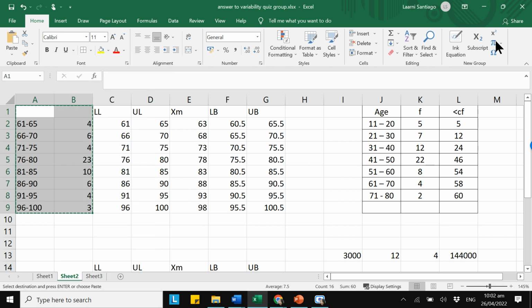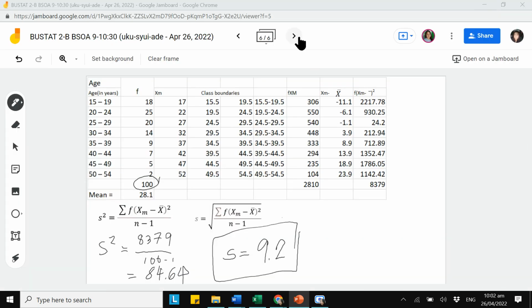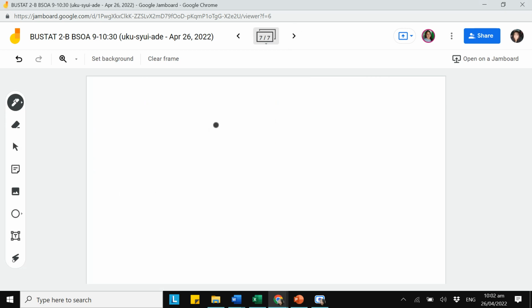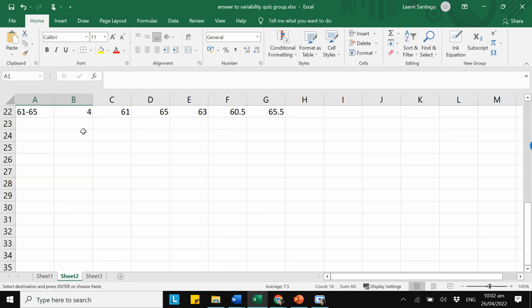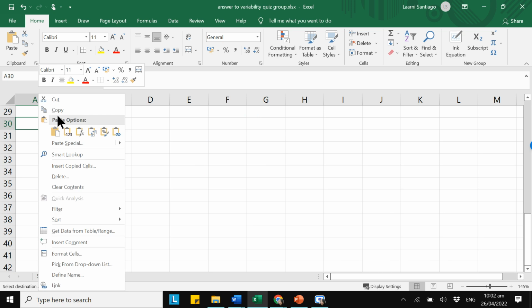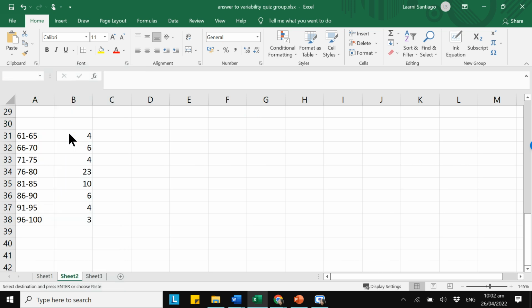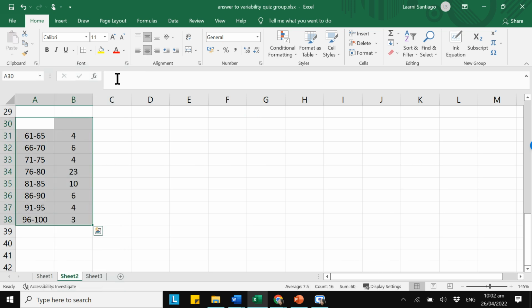Teka lang, gawin na nating maraming spaces. Yan ba yung ginamit natin kanina? 2, 3, 4.